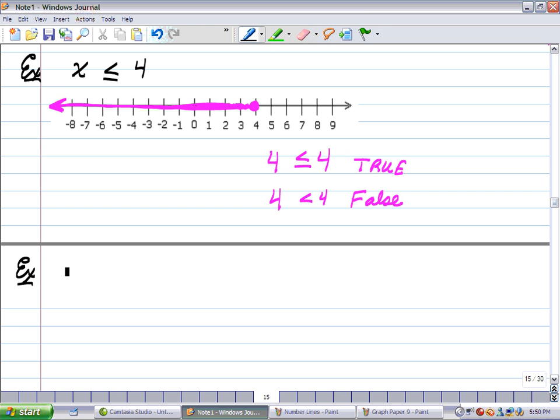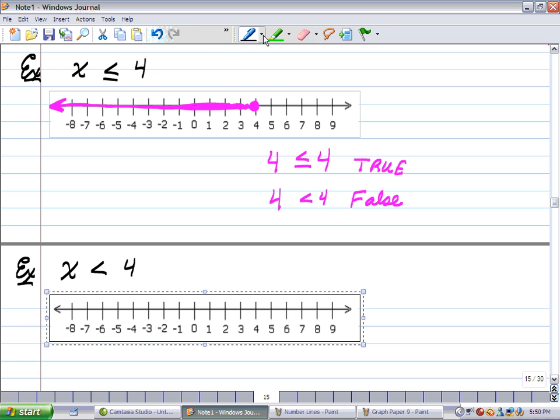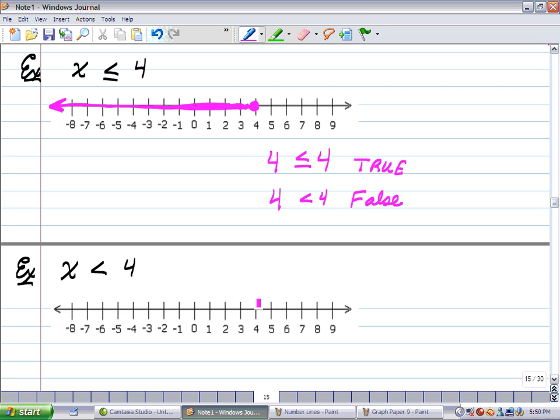If I take that equal sign away and just make it x less than 4, I no longer want to include the 4, so I'm going to use an open circle, indicating that I want every number close to 4, right up to it, but not including it. In other words, 3.999999, as many 9s as you want, is included, but the 4 itself is not included.